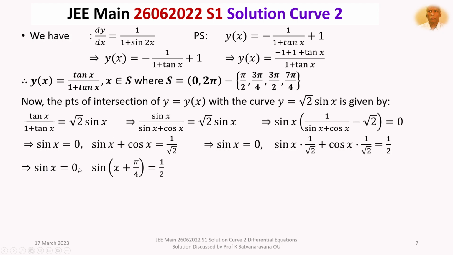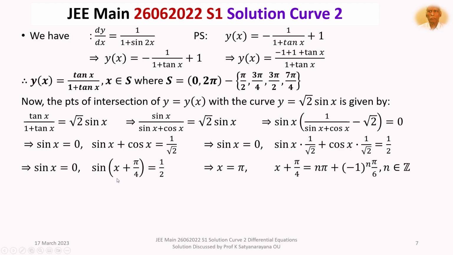Now sin x is equal to 0 will give rise to x is equal to 0, pi, 2 pi, but 0 and 2 pi are not included in S, therefore we take only x is equal to pi. Agreed. Sine of x plus pi by 4 is equal to 1 by 2 is a trigonometric equation, and sine of theta is equal to 1 by 2 for theta is equal to pi by 6.